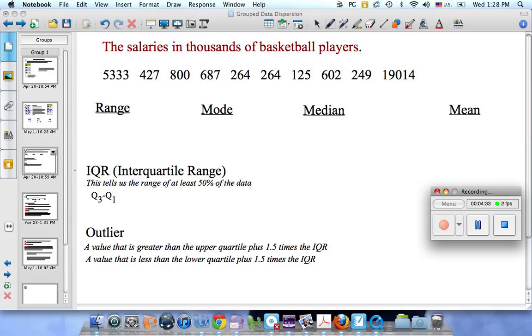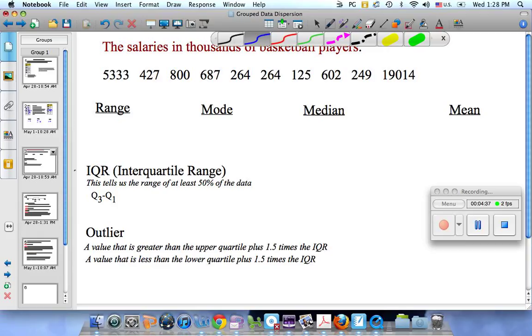Okay, here we're back to a new question, and we're back to one list. The salaries in thousands of basketball players. So I picked 1, 2, 3, 4, 5, 6, 7, 8, 9, 10 basketball players to look at their salary. And notice also that it says it's in thousands.